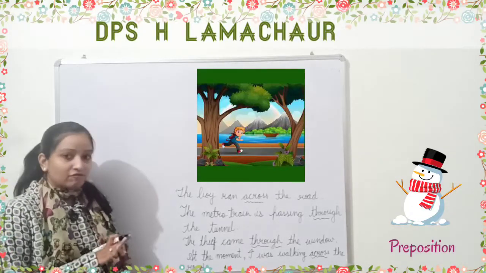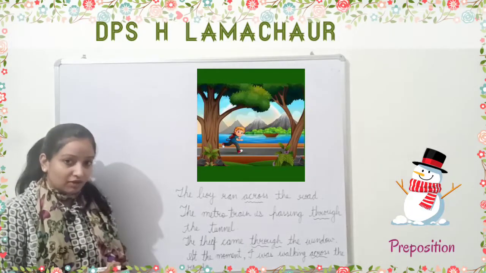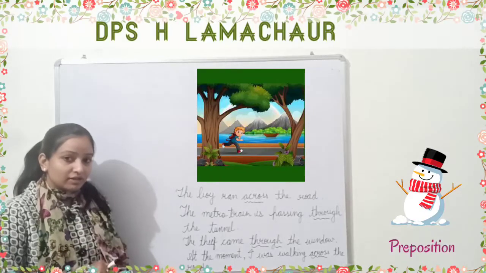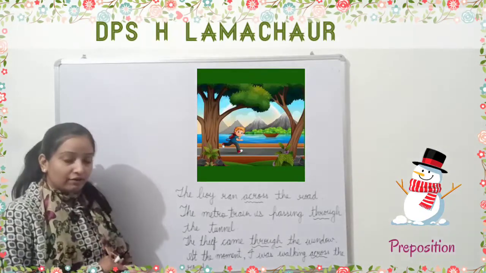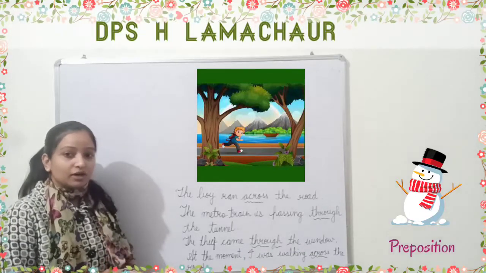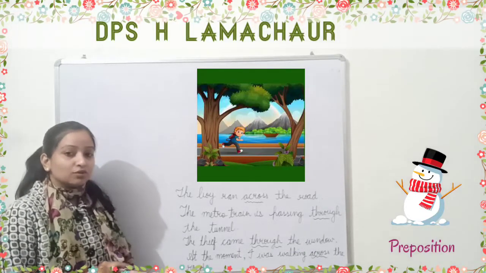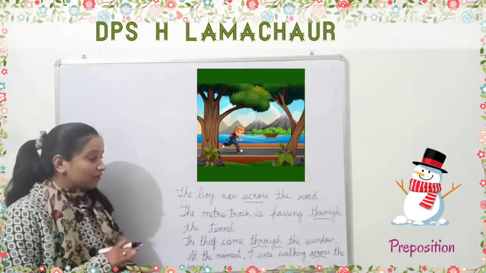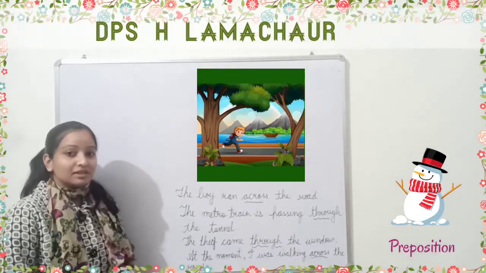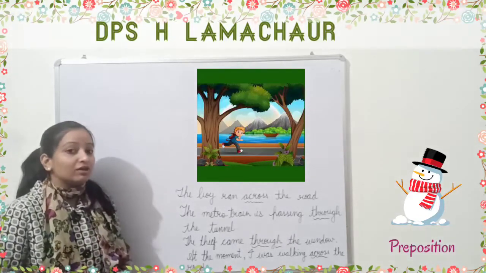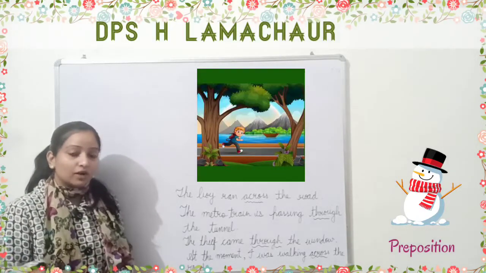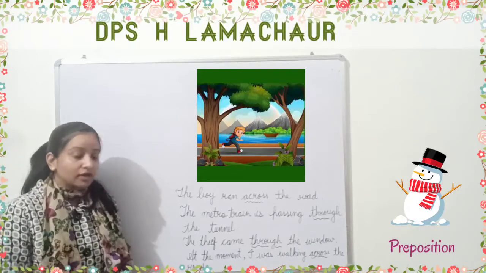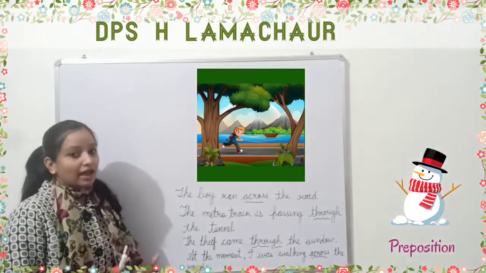So on the flat surface, from one side to the other side, the boy ran from one side of the road to the other side. The boy ran on the surface of the road, and the boy is not enclosed by the road. The boy is not within the road. In such a case, we use across.